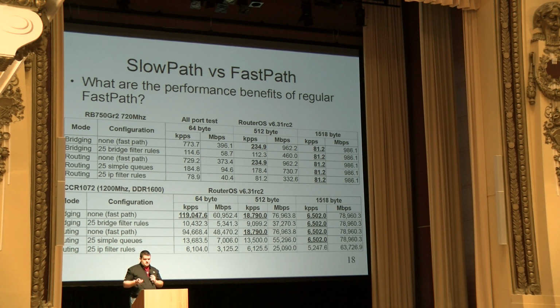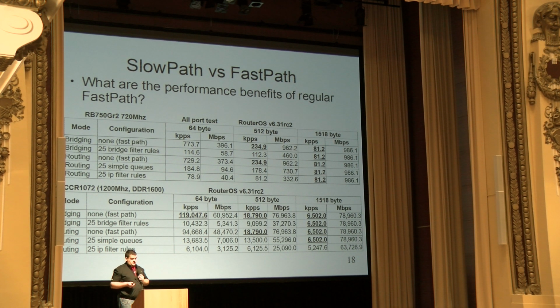You can get only a little bit more than 100,000 small packets per second. But as soon as you switch that off and FastPath becomes enabled, you get 700, so more than 7 times increase in performance just in bridging because the FastPath took over.